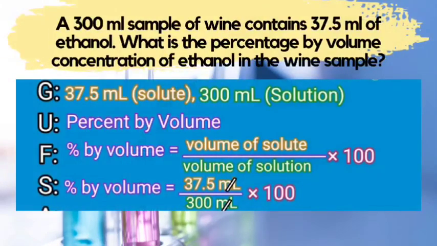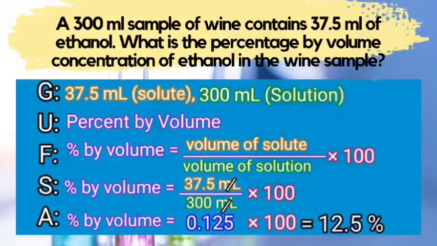So just like in the first one, we are going to substitute 37.5 ml for the volume of solute all over the 300 ml volume of solution, and we are going to multiply the answer by 100. And take note that you have to cancel out the same unit.